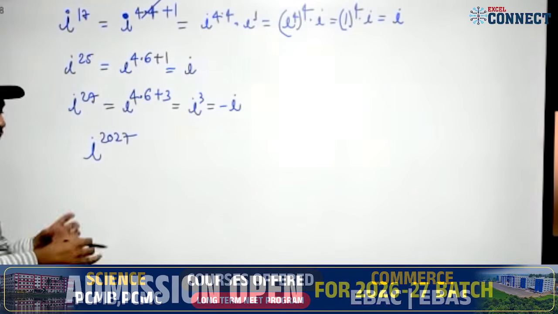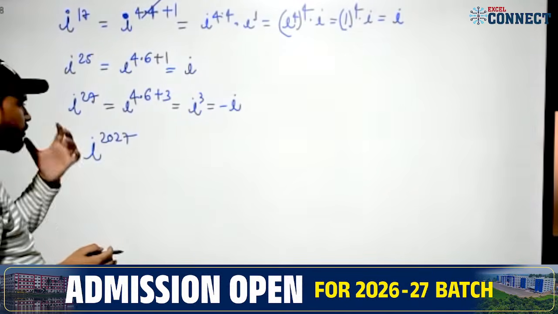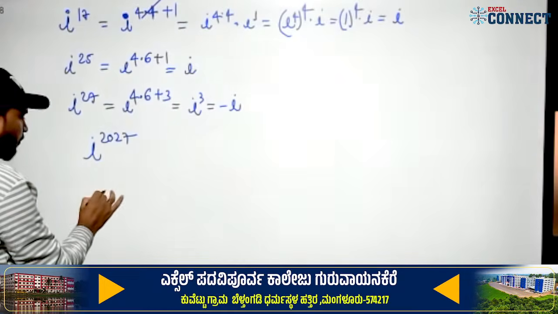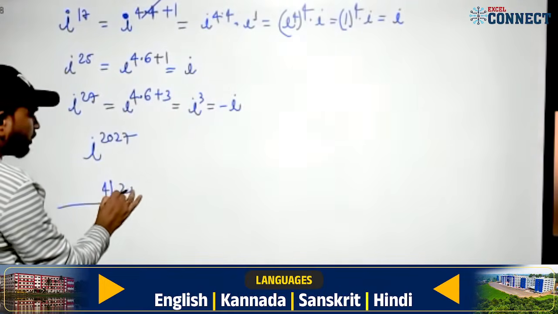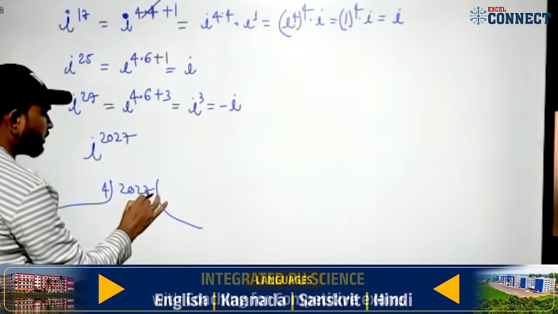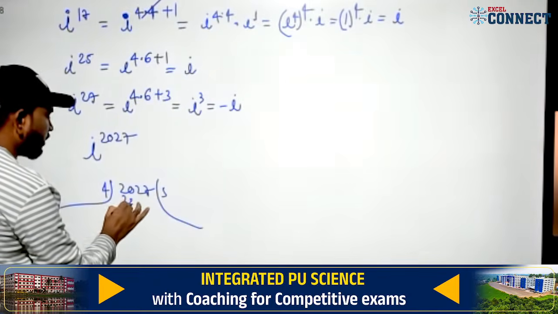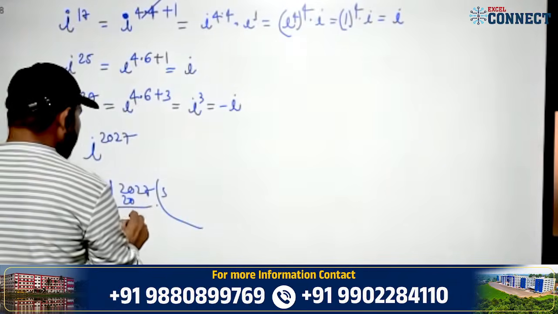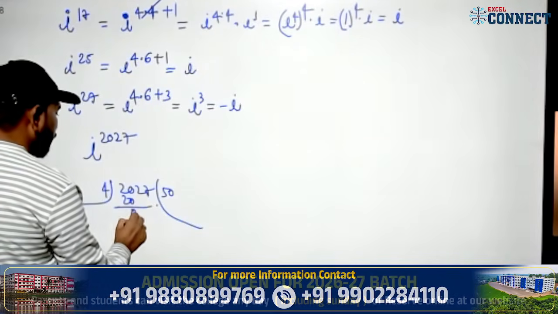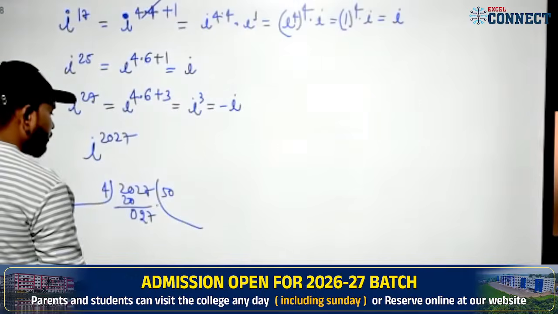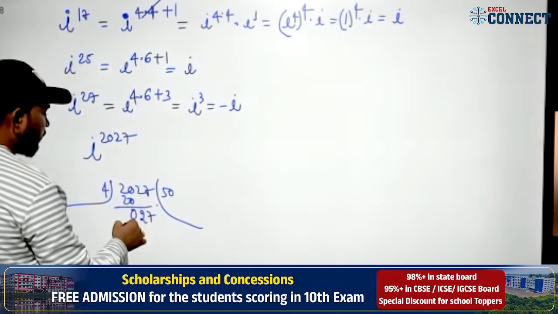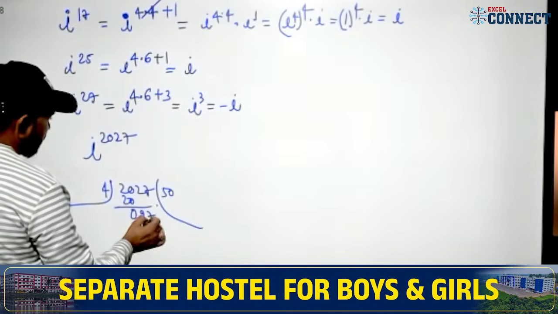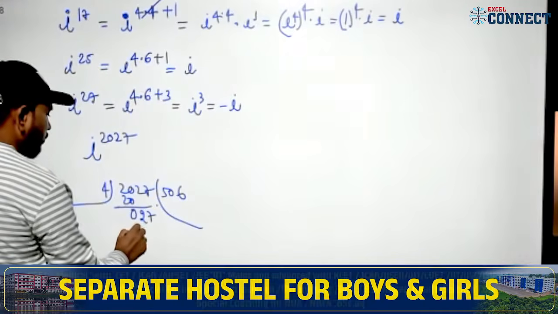Interesting thing, if I say i to the power 2027, then I can't directly think of the division, so I will divide here actually. 4 I will divide into 2027. 4 5s are 20. Now 0, so coming 2, so it is 0. Now 7: 4 6s are 24.